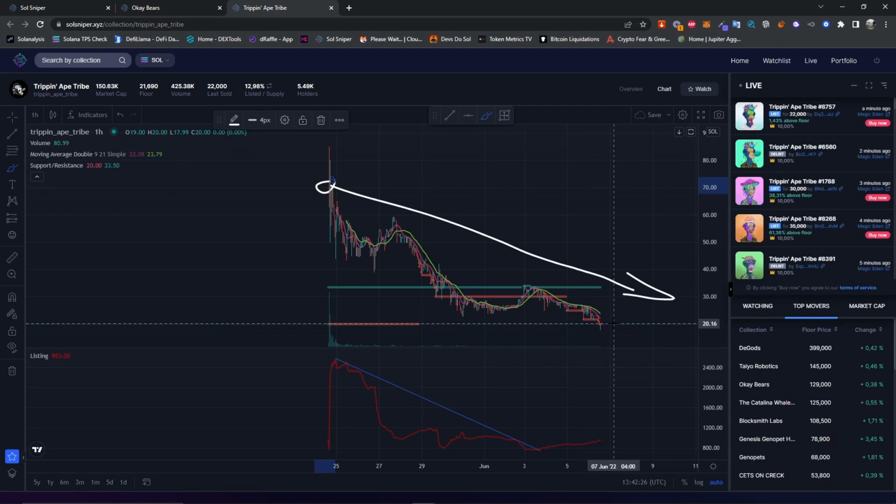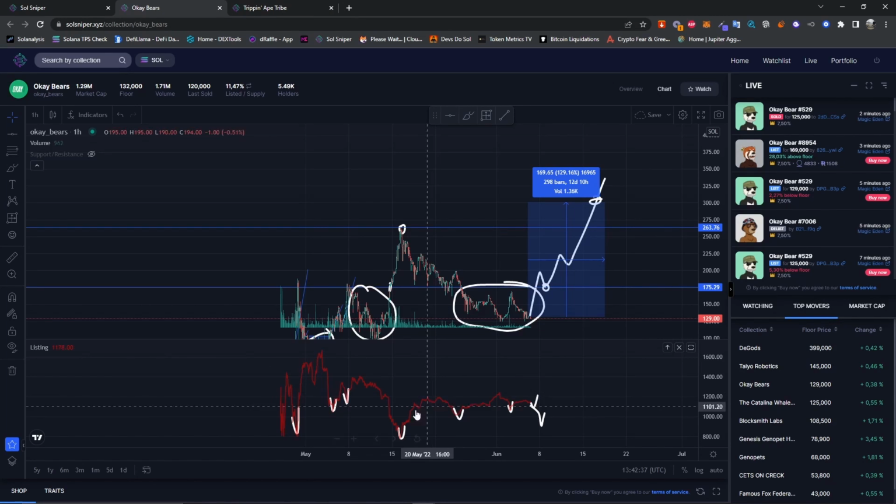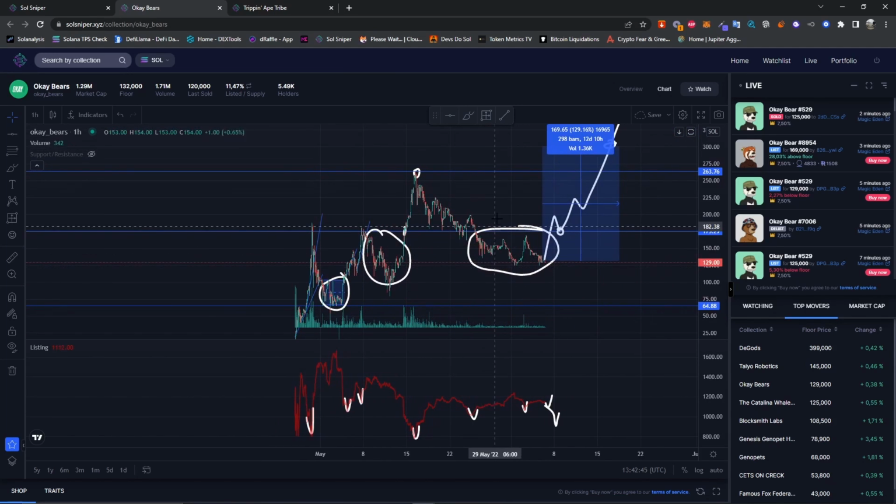But most of the time, when a project is like this, the listings go down and the price goes down. It's not a good thing. Here it's a little bit choppy with the listings, but ultimately the price will go up. Well, I hope so, for OK Bears, right?